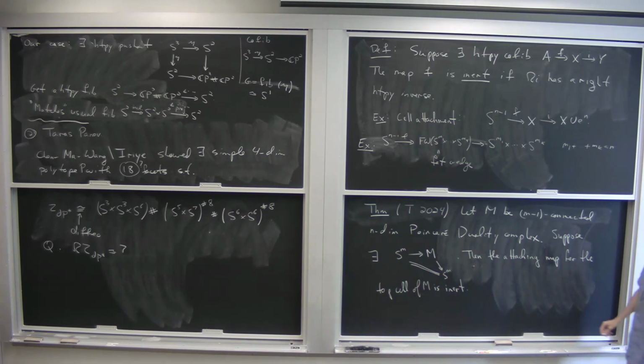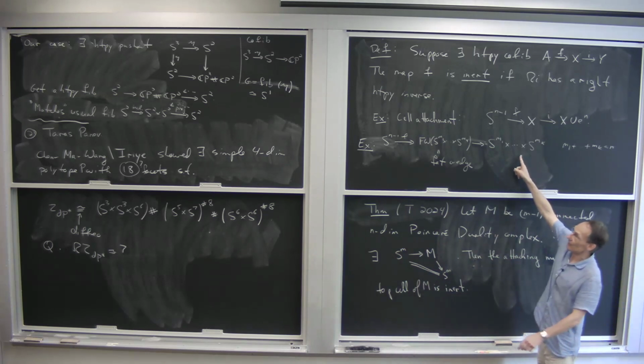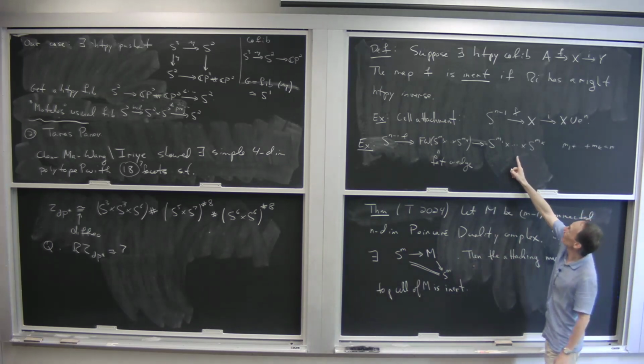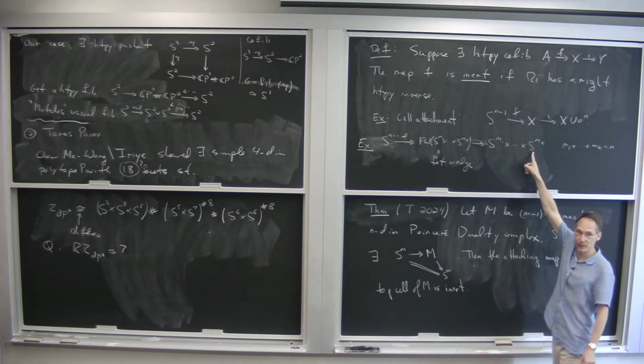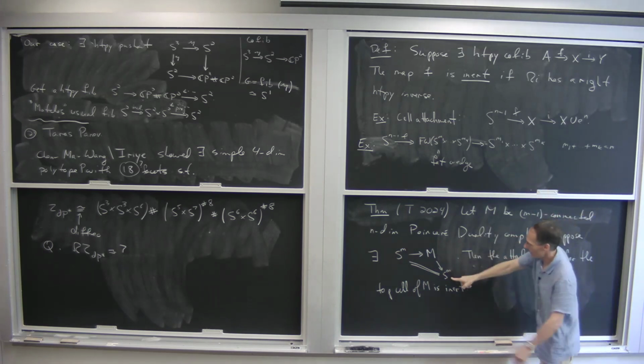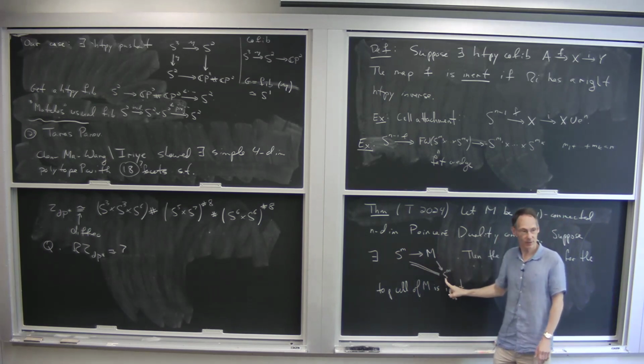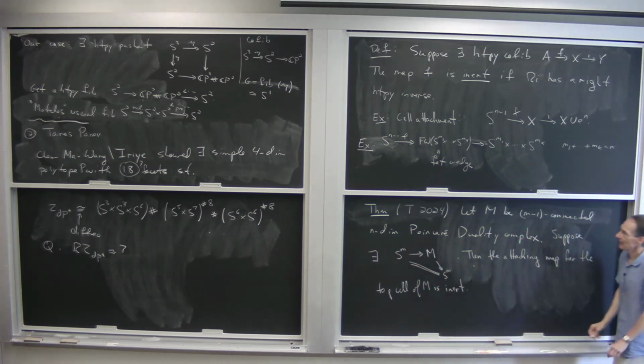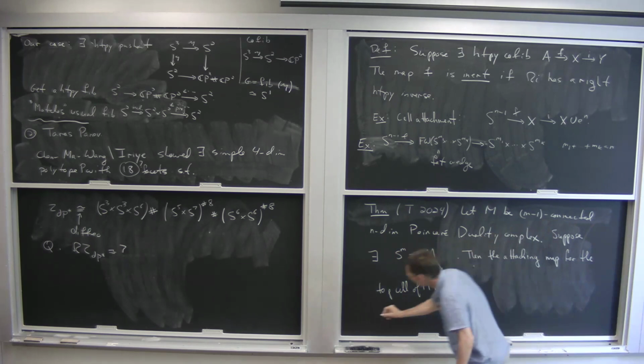So for example, this fits, because if you look at the least dimensional sphere, you could always project it out. So you would get a section like that. There's other examples.